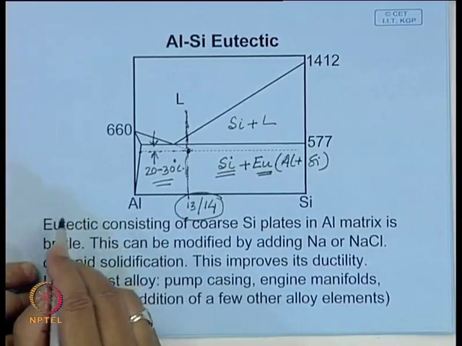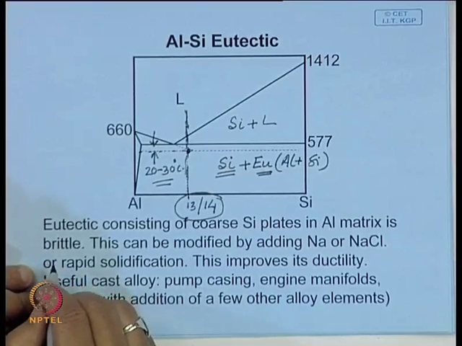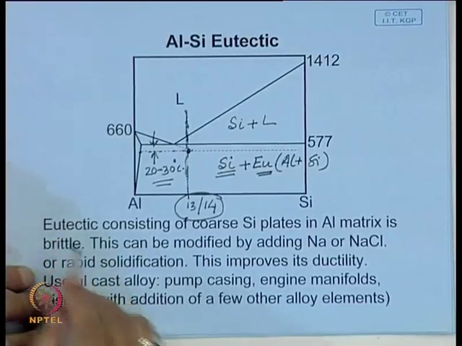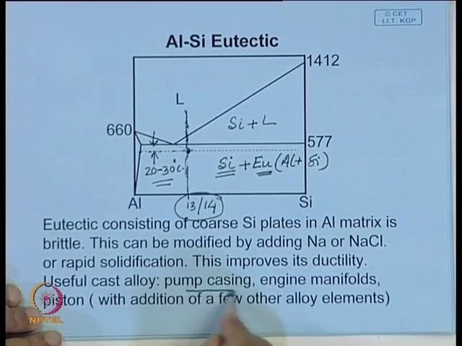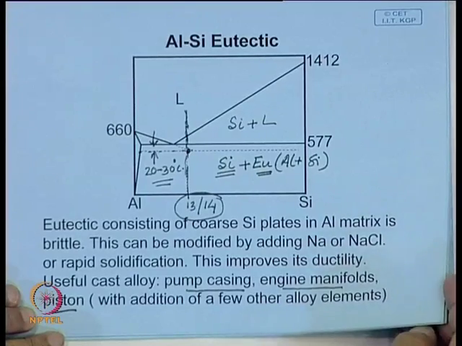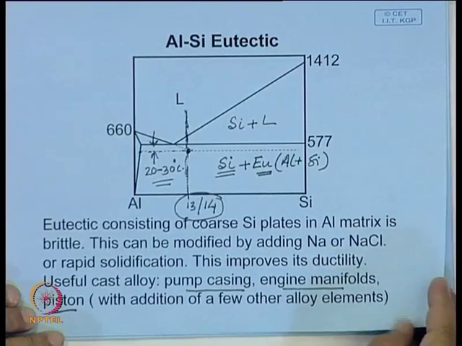Therefore, its properties will be improved, strength will be improved, ductility will not be hampered, and it is a very useful cast alloy. Some of the components made of aluminium silicon are listed here, and sometimes a few other alloying elements are also added to improve its properties.